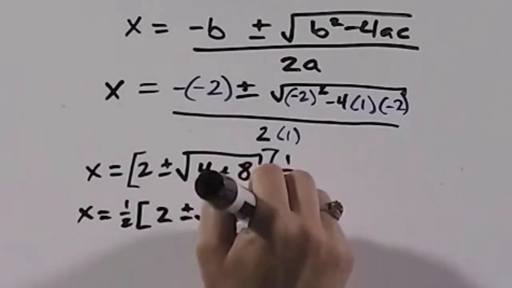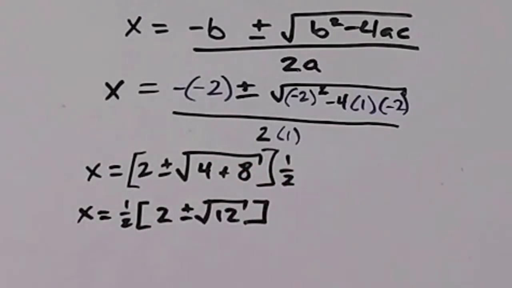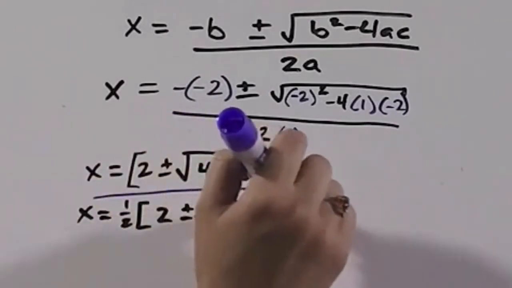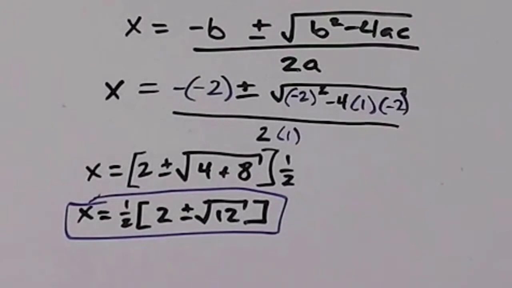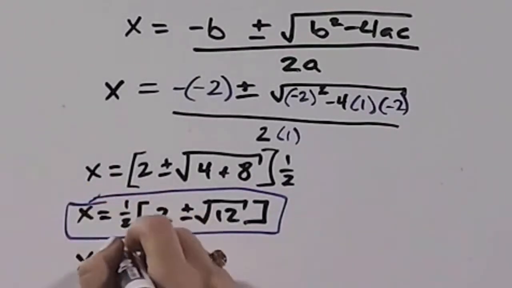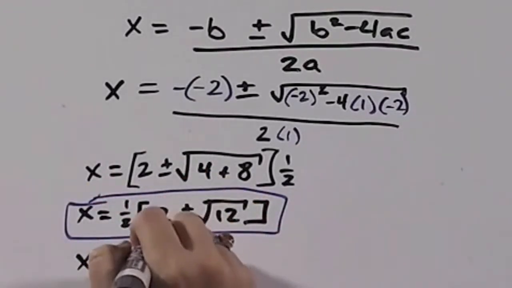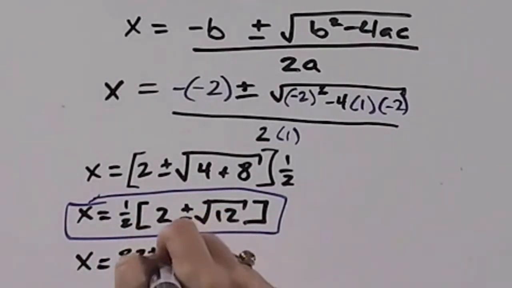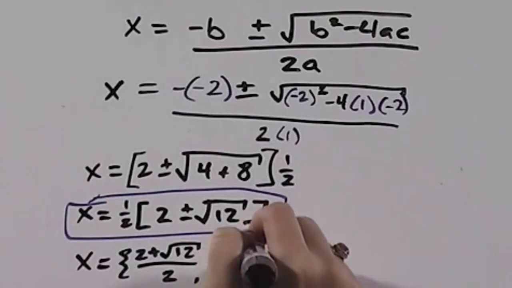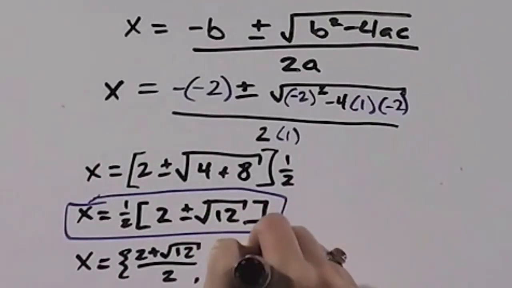That is not a perfect square, so I'm not going to solve it through. So this is the answer. This is the value of our two zeros. We have two zeros. X is equal to either 2 plus the square root of 12 all over 2, or 2 minus the square root of 12 all over 2.